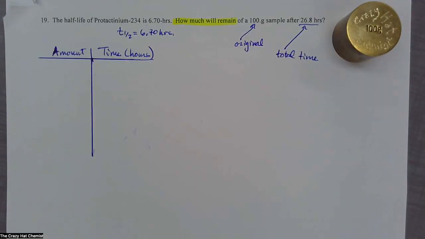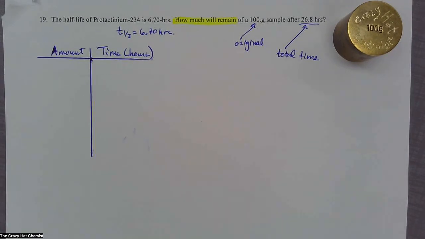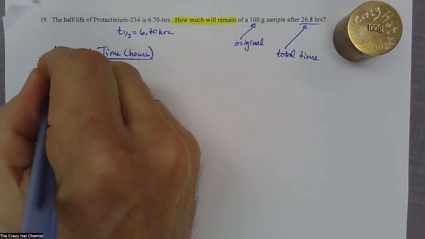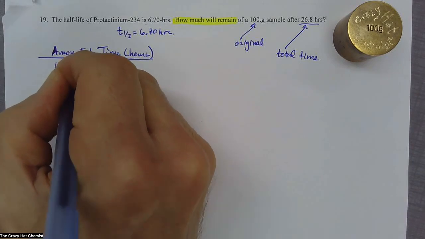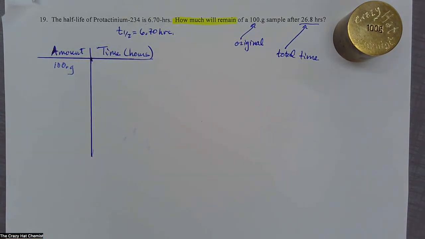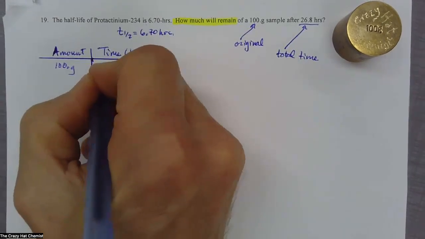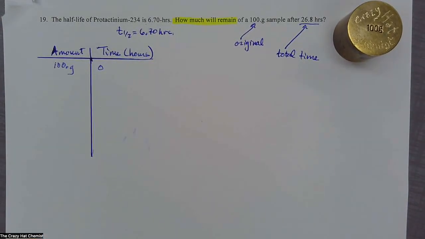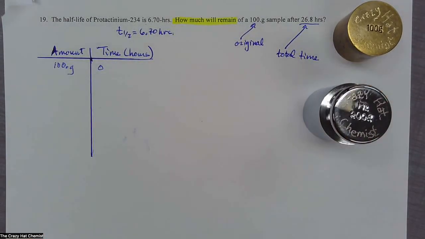So the amount that we are starting off with is 100 grams, and there's a decimal at the end of that. And this is at time frame 0. We are looking for how much will remain at the end of 26.8 hours.